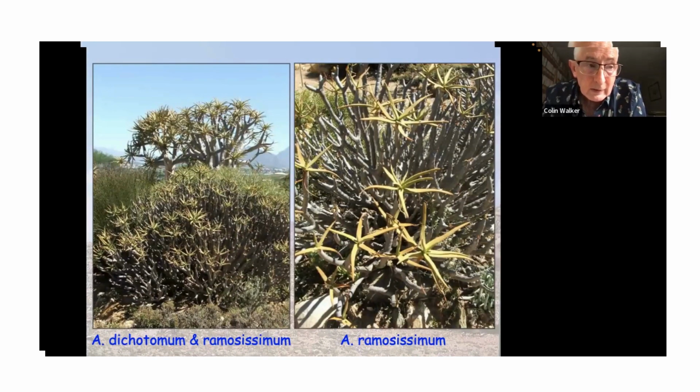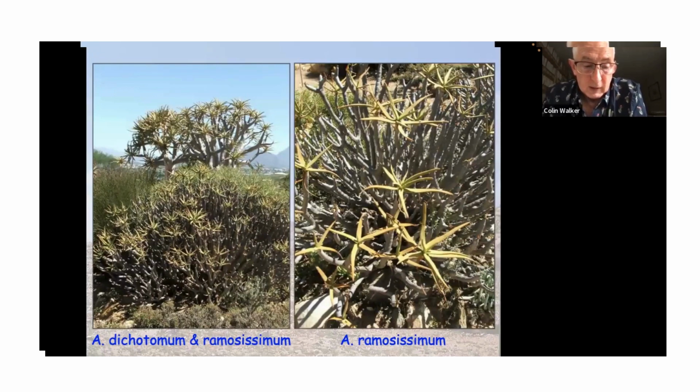And that study, crude though it was, indicated that what was then Aloe dichotoma and Aloe ramosissima were very closely related. And so ramosissima became a subspecies of Aloe dichotoma. That reclassification is no longer accepted.